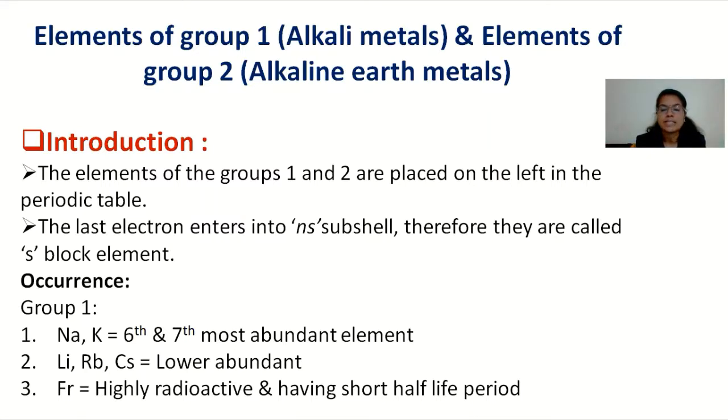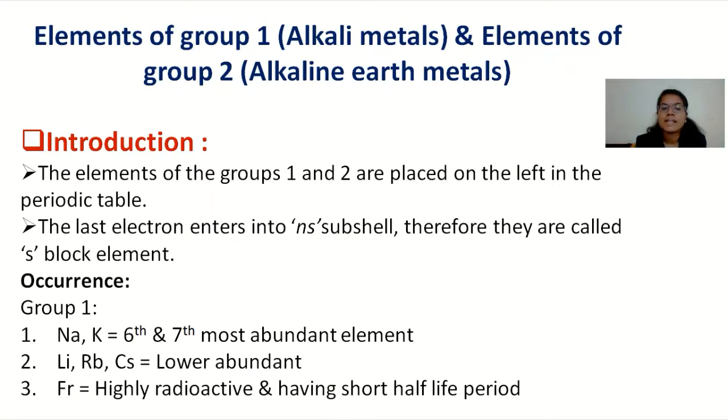And the last electron enters in the ns subshell. So that's why it is called as s block element. Now its occurrence. So see, in group 1, sodium and potassium metals are the 6th and 7th most abundant elements, while lithium, rubidium, cesium have lower abundance.